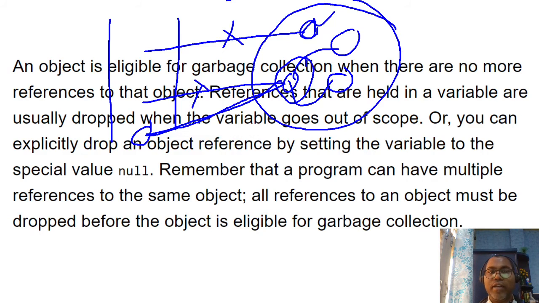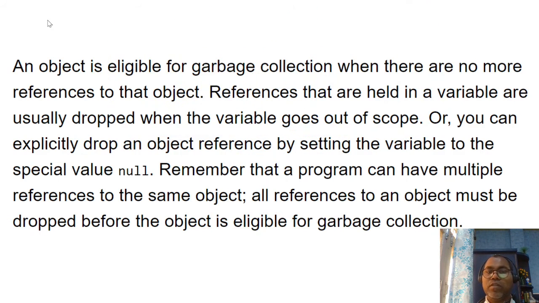Identifying which objects need to be garbage collected and which do not is not the responsibility of the Java developer. It's automatic. Automatic memory management is one of Java's features.